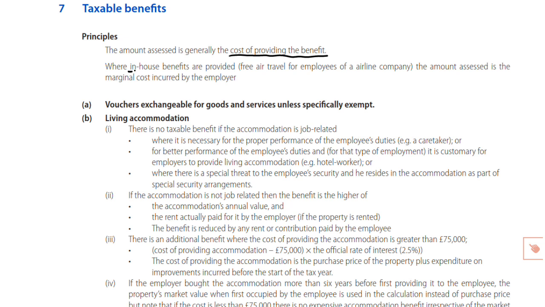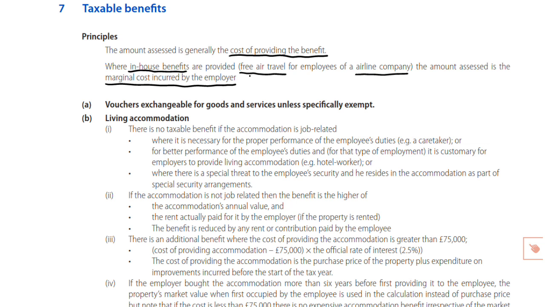We might have some in-house benefits given the type of employer that they are. For example, an individual works for an airline company and therefore gets free air travel. It could be that somebody works for a health club or gymnasium, and of course they've got free access and use of the equipment within that health club. Well, there it again will be based on a cost figure, but this time it is the marginal cost incurred by the employer.